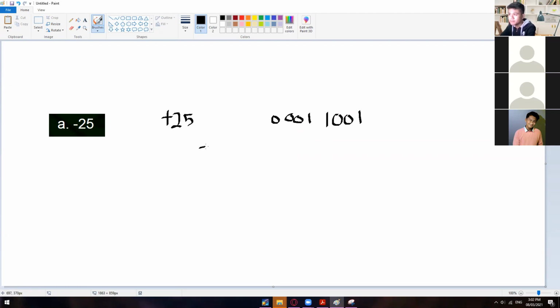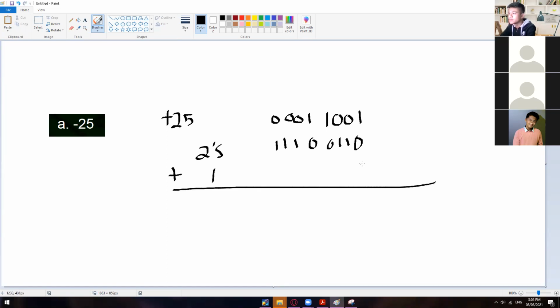And then apply 2's complement. Your 0 will become 1, and your 1 will become 0. So 1, 1, 1, 0, 0, 1, 1, 0. And then the third step is plus 1. So 0 plus 1 is 1.